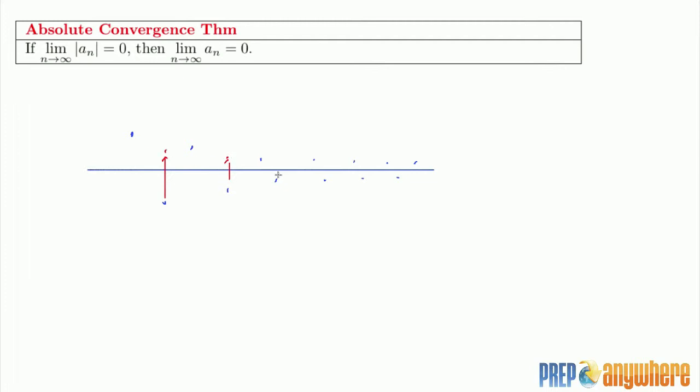It'll get up here, or up here. So it will become this kind of pattern. The red dots will represent the absolute value. So they're saying if the red dots converge to 0, then so will the blue dots, which fluctuate up and down on the 0 line.